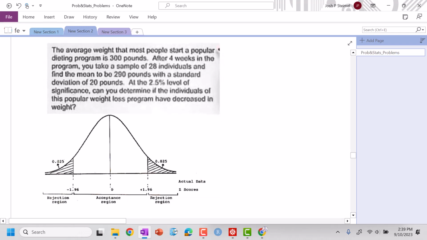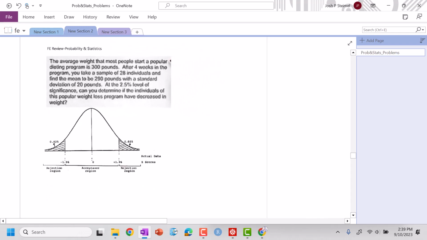This is a decent one. The average weight of most people at the start is 300 pounds. After 4 weeks, you take a sample of 28 individuals and find the mean to be 290 pounds, with a standard deviation of 20 pounds. At 2.5% level of significance, so remember, alpha is the level of significance, so it's 0.025.